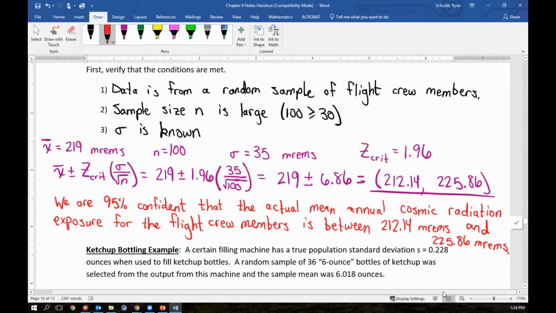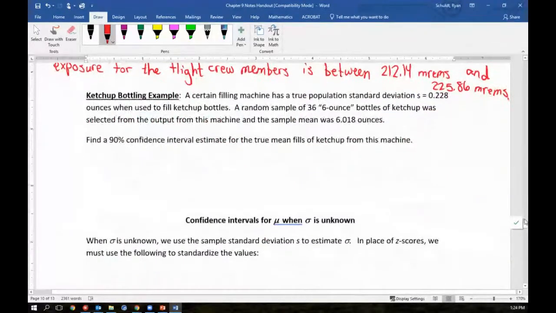Okay. Next one, we have a ketchup bottling example. A certain filling machine has a true population standard deviation. That should be sigma again, not S. It's population, so that S should be a sigma. True population standard deviation sigma equals 0.228 ounces when used to fill ketchup bottles.